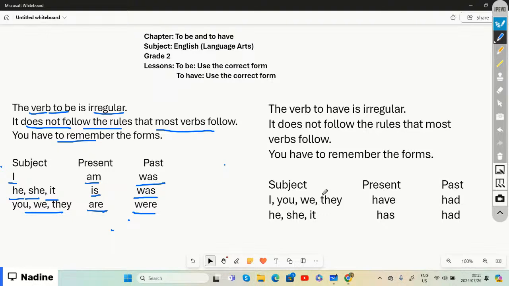Now we also have the verb to have. And to have, we also said is irregular, and it does not follow any rules that most verbs follow.